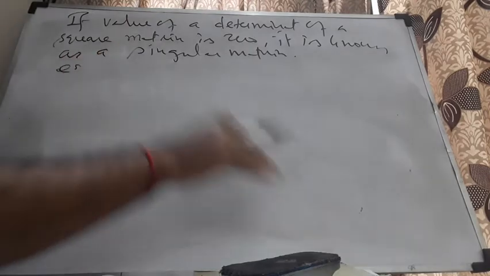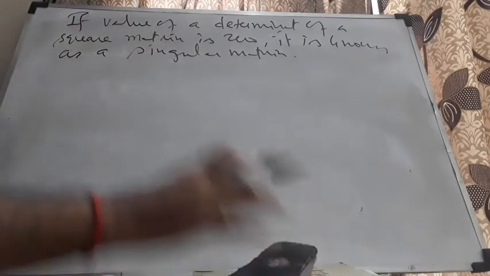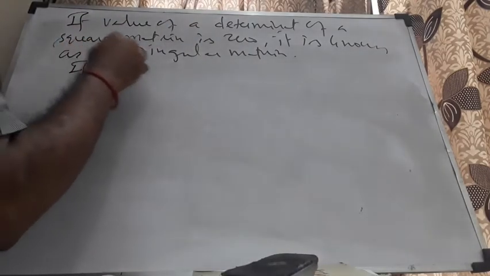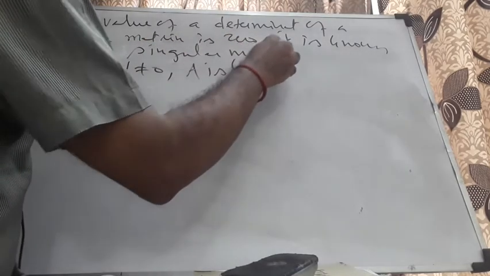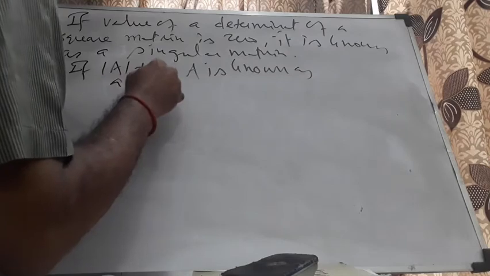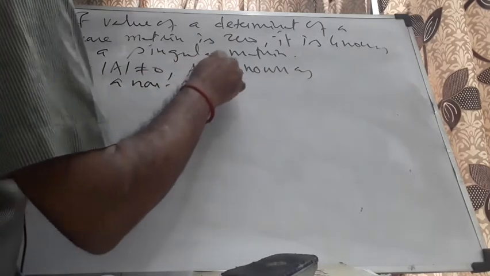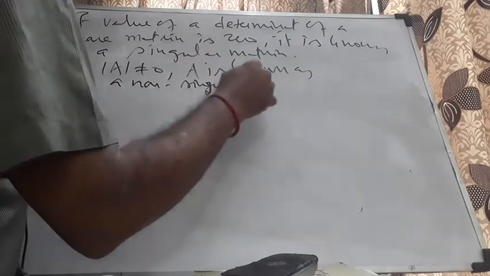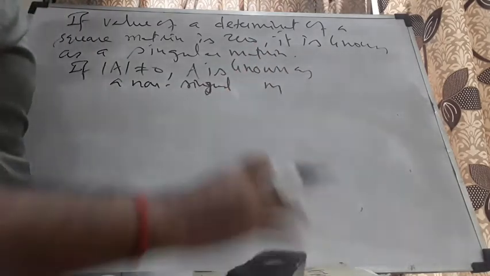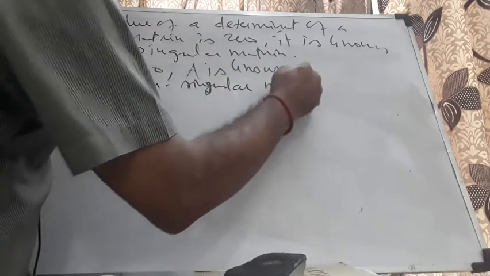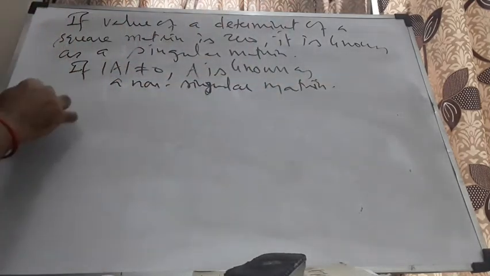Okay, or else if determinant A not equal to 0, A is known as a non-singular matrix. Non-singular matrix. Okay, if determinant value is 0, it is called a singular matrix.